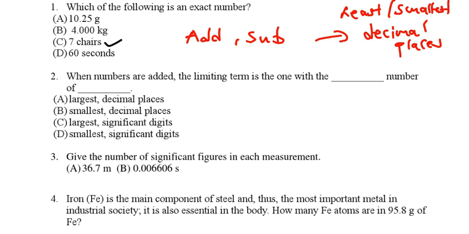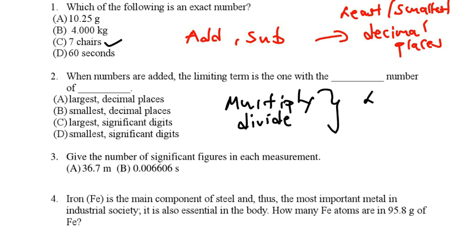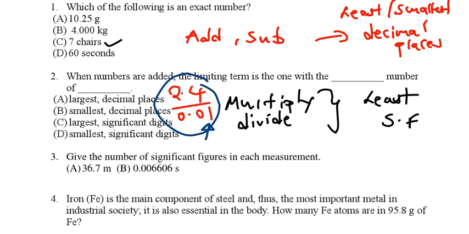Now when you're multiplying, which is usually the case in our calculations in chemistry, when you're multiplying and dividing, you follow the least number of significant figures. It's the one that's going to restrict the result. What that means is, if you are going to divide 2.4 by, let's say 0.01, 0.01 has got one significant figure. So it means your final result should have only one significant figure.